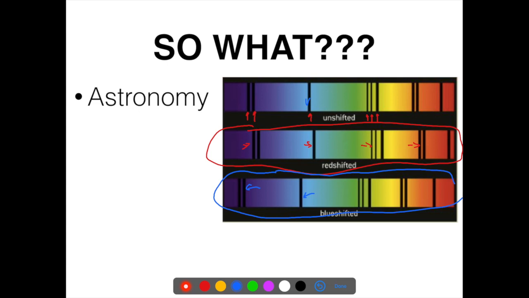Well, it's because those stars are moving towards us. And so therefore there's blue shifting going on, right? All of those wavelengths, which should be at these specific places, are all slightly to the left, meaning that they've been blue shifted, which means that that star must be moving towards us for some reason. This is one of the ways that we can learn about things that are far away, all right?